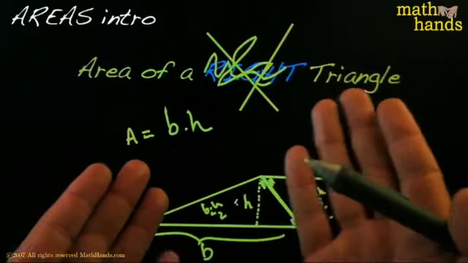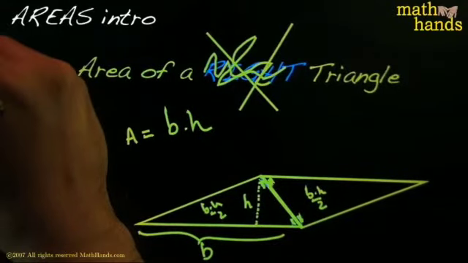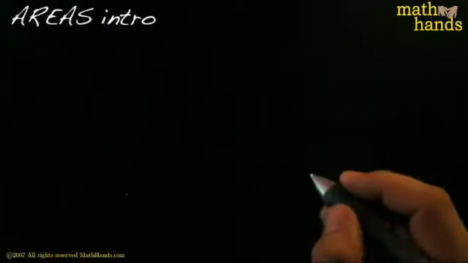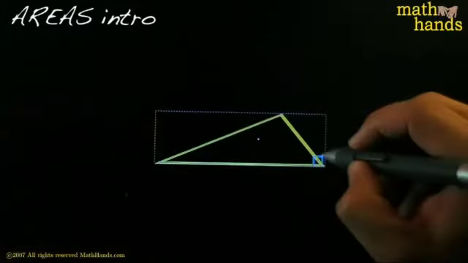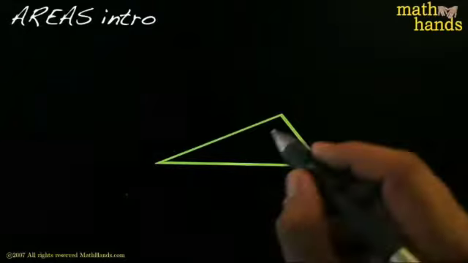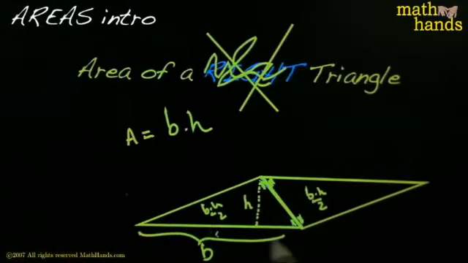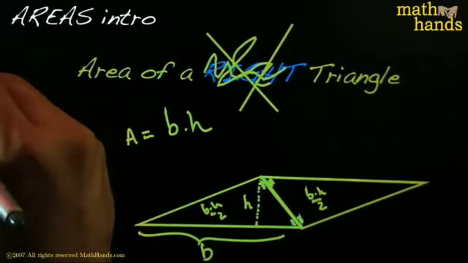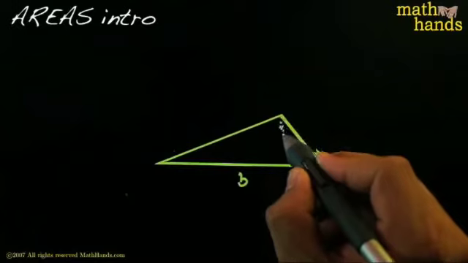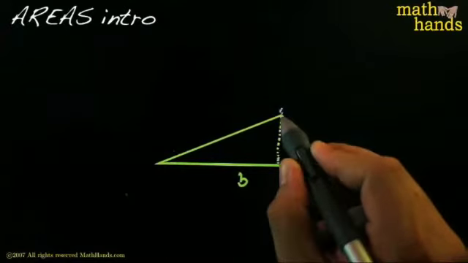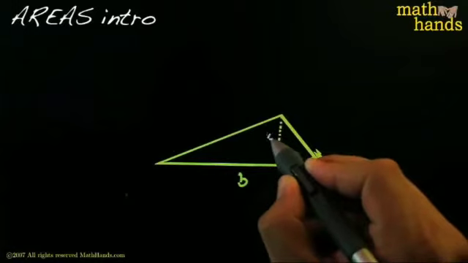In other words, for a triangle, even if it's not a right triangle, suppose you would have to abandon this right triangle stuff, still the same thing is true. All we do is find out the base and the height. So whatever the base may be, let's call it B. And you find out the height, which means you take the highest point of the triangle and drop a perpendicular, and that right there would be your height.